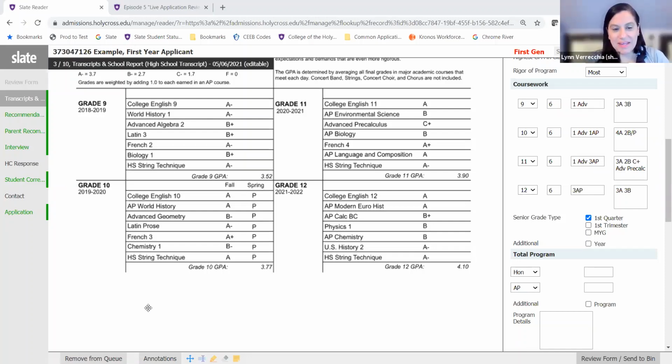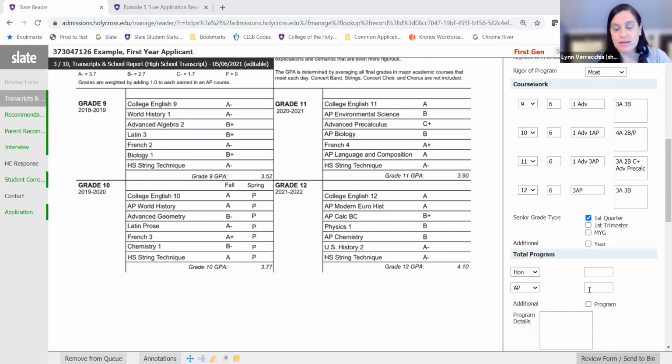But this is ideal. It is very symmetrical and easy to read. So if there's any high school superintendents or powers that be on, this is what we like to look for. And certainly those messy transcripts don't impact the student in any way.